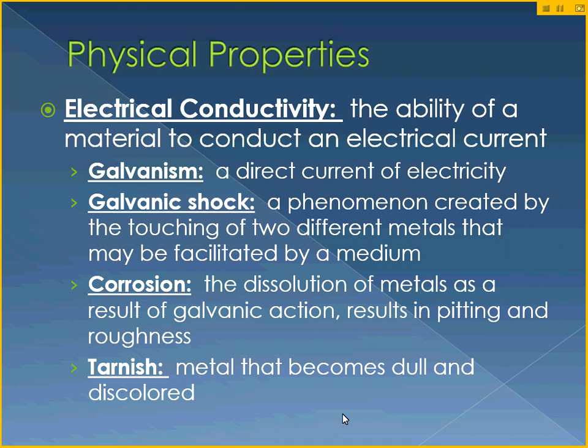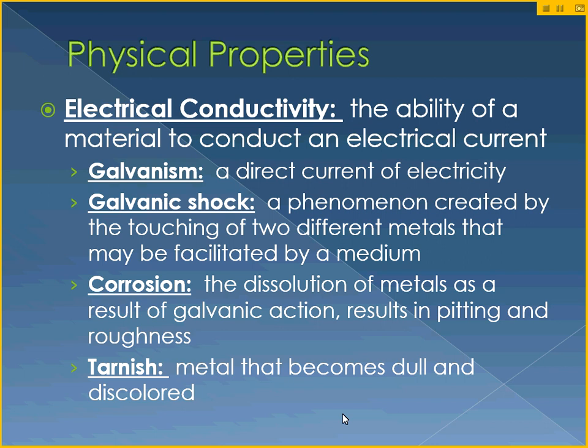Now, if a patient has, let's say, aluminum, which you would never have in the oral cavity, but let's just say this, an aluminum restoration on tooth number 3, and they have a gold restoration on tooth number 30, when that patient bites down, they experience a little shock.